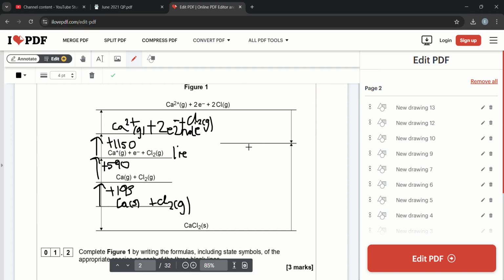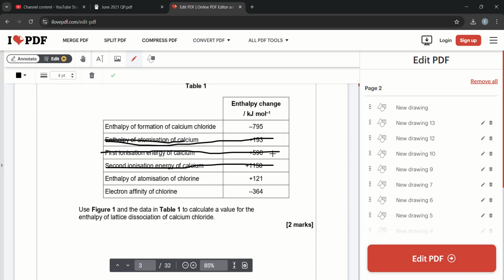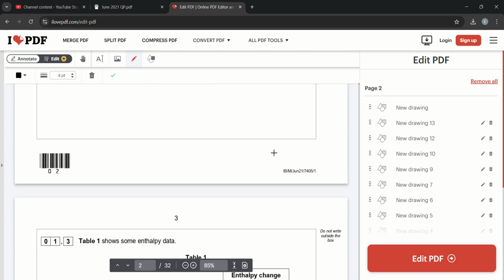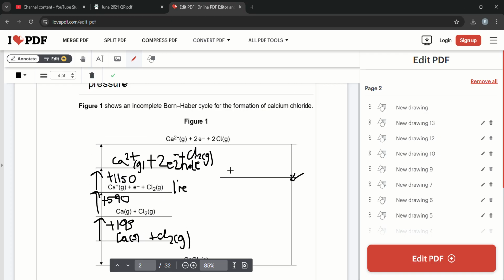And then this final one, this part here, well, it's going to be electron affinity of chlorine. Yeah, definitely going to be that one. So it's going to be Ca2+ in gas plus 2Cl- in gas.